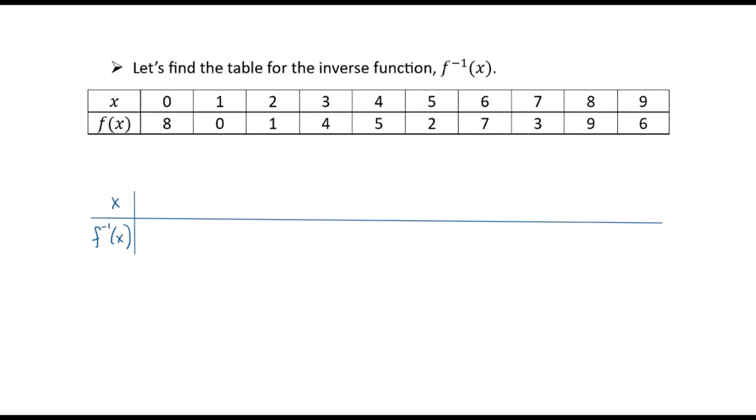We know that the input for the f function becomes the output of the inverse function, and the output of the original function becomes the input of the inverse function. In other words, each of these points are just switched. The x becomes the y and the y becomes the x.